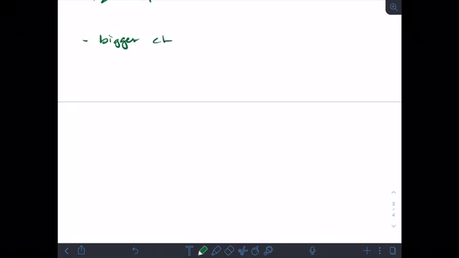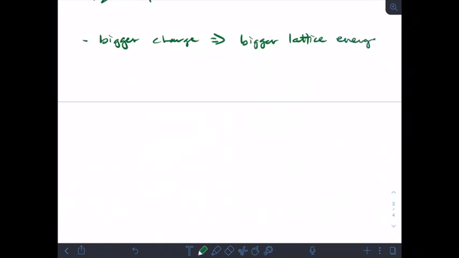So the important thing here is that bigger charge, and this is one that you want to pay attention to, bigger charge gives us bigger lattice. Okay. Smaller radii gives us bigger lattice.